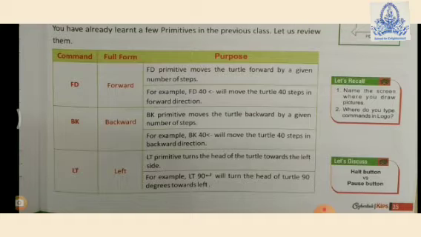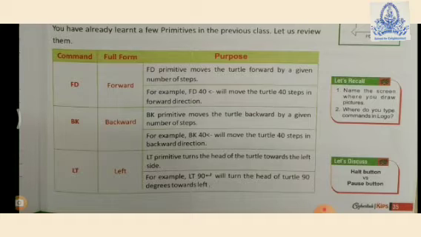The FD primitive moves the turtle forward by a given number of steps. So let us go for one example. FD 40 means your turtle will move 40 steps in the forward direction.